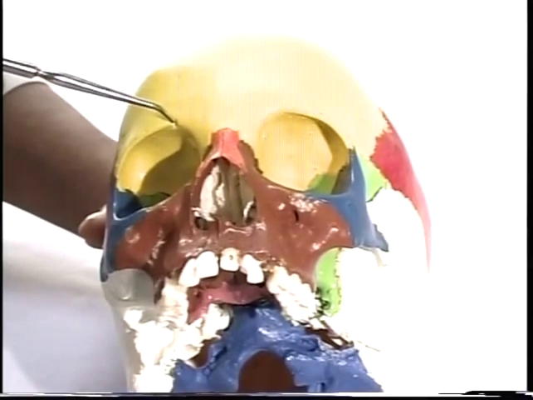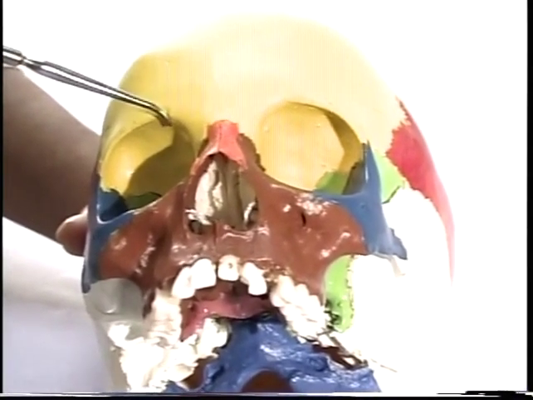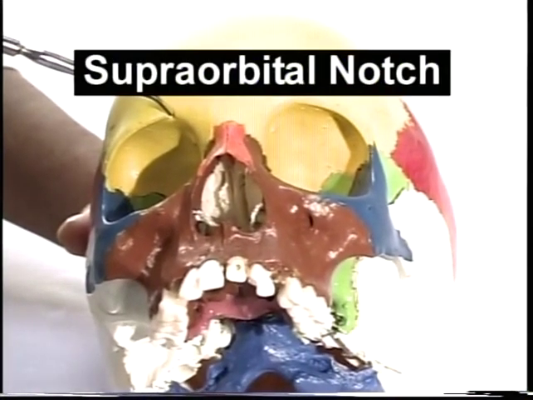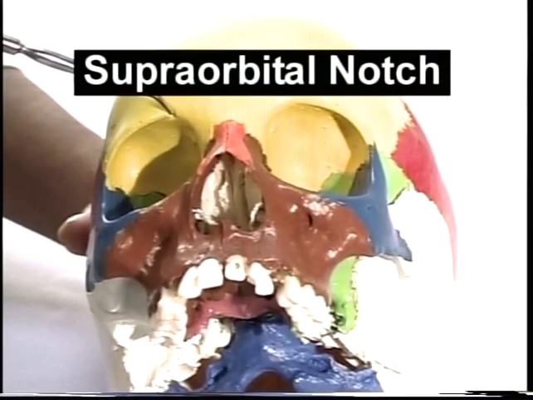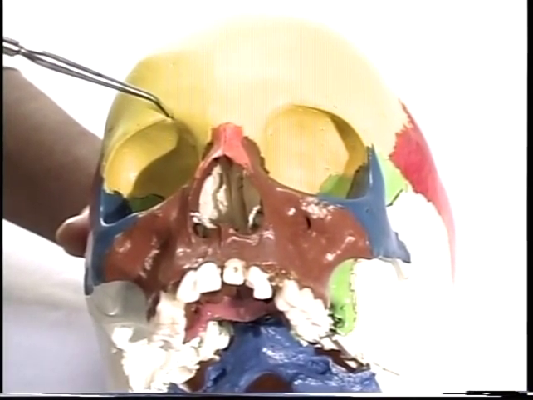There is a small opening on the superior border of the orbit that is called the supraorbital notch. The supraorbital nerve travels through this opening.